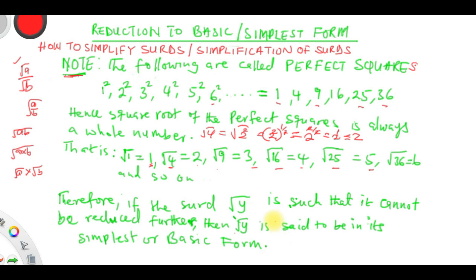In other words, it is said to be simplified. So that's what we mean by simplifying a set, or reducing a set to its basic form, or its simplest form.